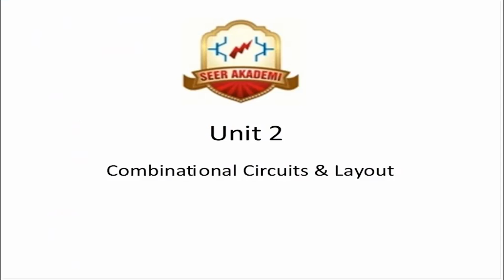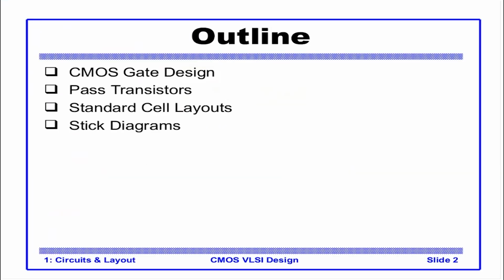The first chapter of Unit 2 will discuss... Let's see the outline of this. We will see some examples of complex gates which are designed using static CMOS circuits. We look at tri-state inverters, tri-state buffers, different kinds of muxes, inverting and non-inverting.